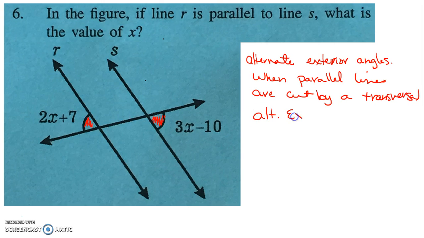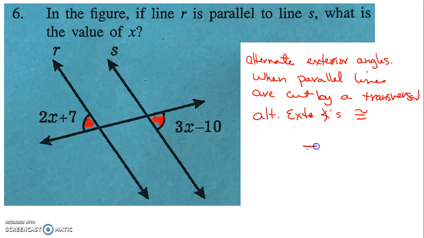Alternate exterior angles are congruent. That's the important fact here. So the reason they had to tell us these are parallel lines so that we would know for sure that these two angles actually have equal measure. These angles have equal measure, and we want to know what X is.